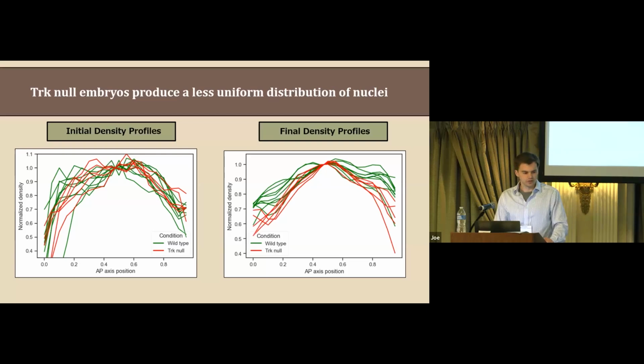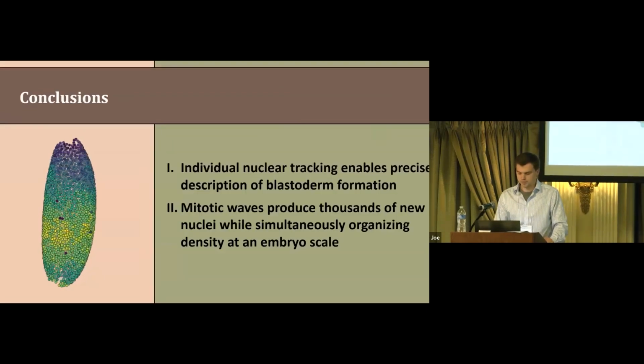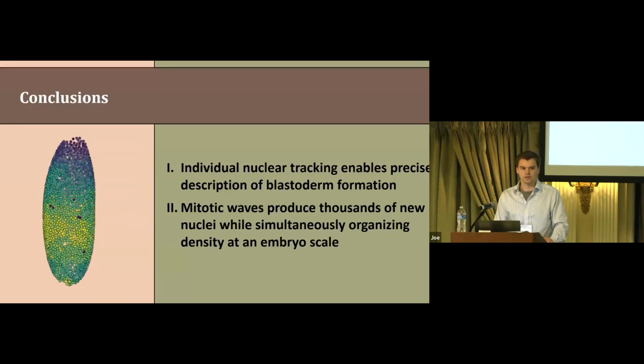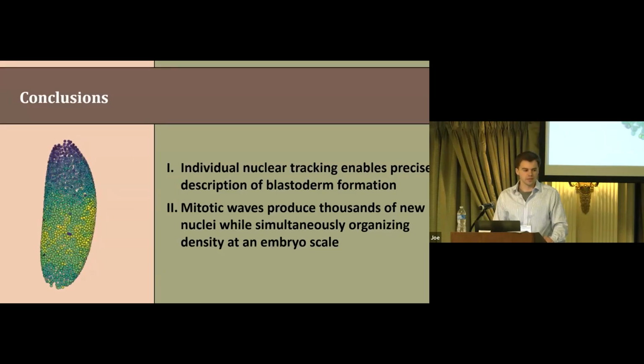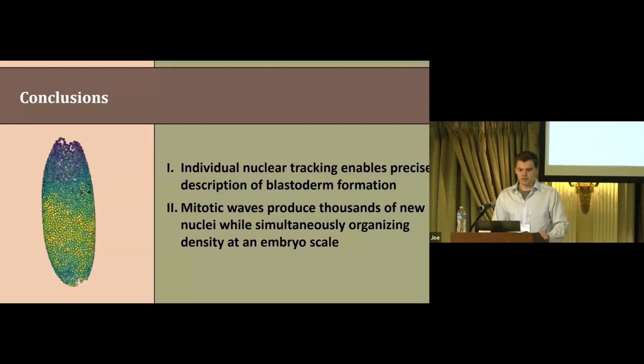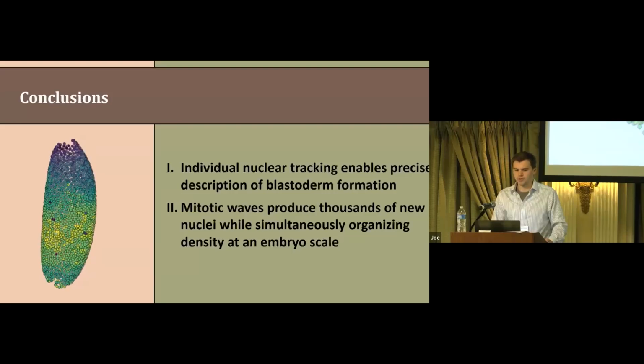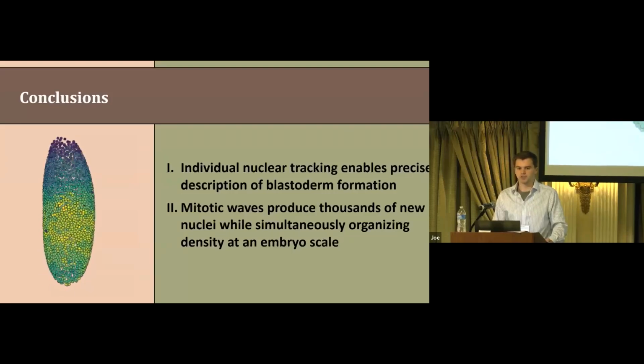And so just to conclude here, we've shown a densification algorithm that forms a blastoderm, and the way that we were able to study this formation was by looking at individual nuclei.